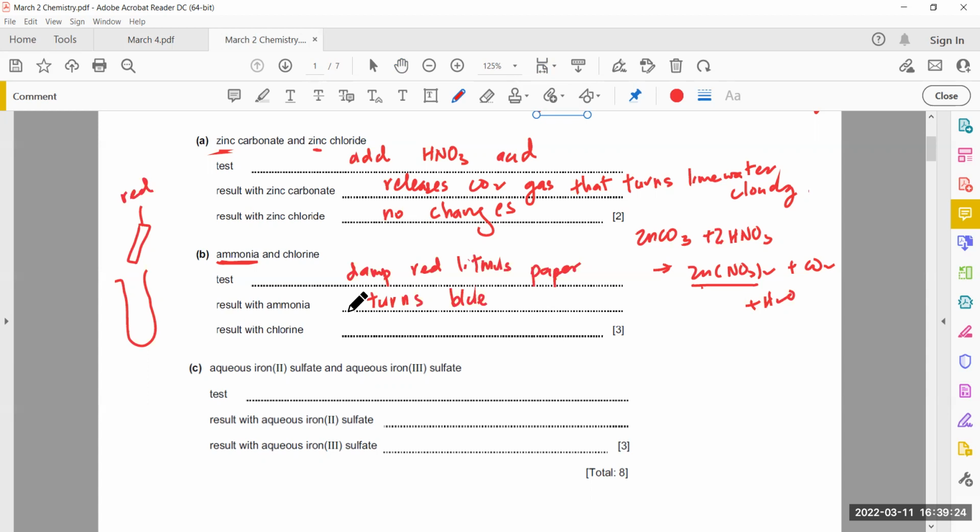What does a bleach do? Make it lighter. Lighter back into what color? Pink. No, white. Bleach turns it white.